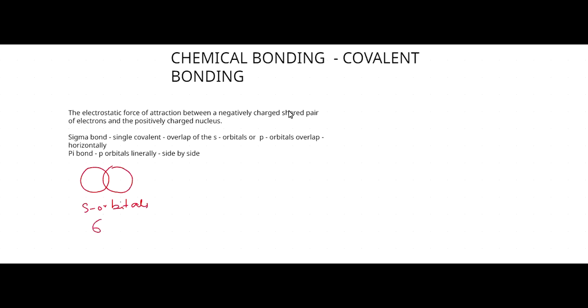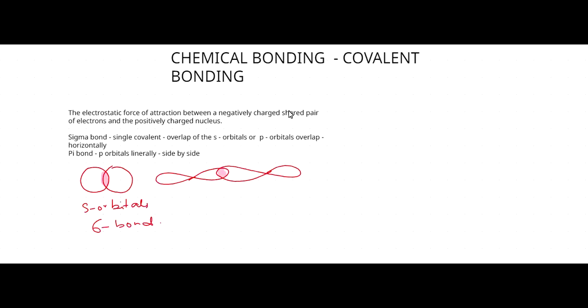The second way is with p orbitals overlapping horizontally like this. This is the overlap between the s orbitals, and this is the overlap between the p orbitals. This is where the shared pair of electrons is going to be.